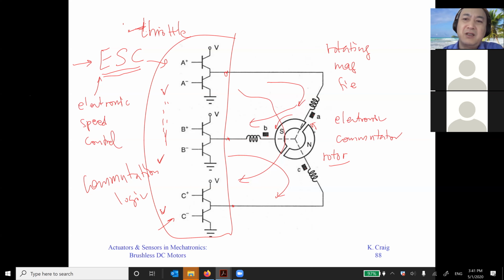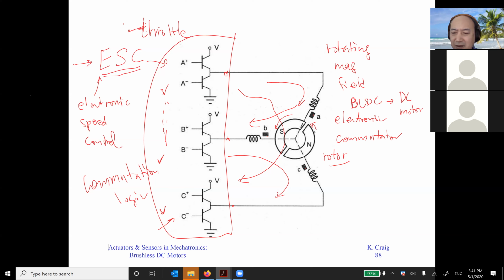For BLDC, it's the same as brushed DC motors in external characteristics.